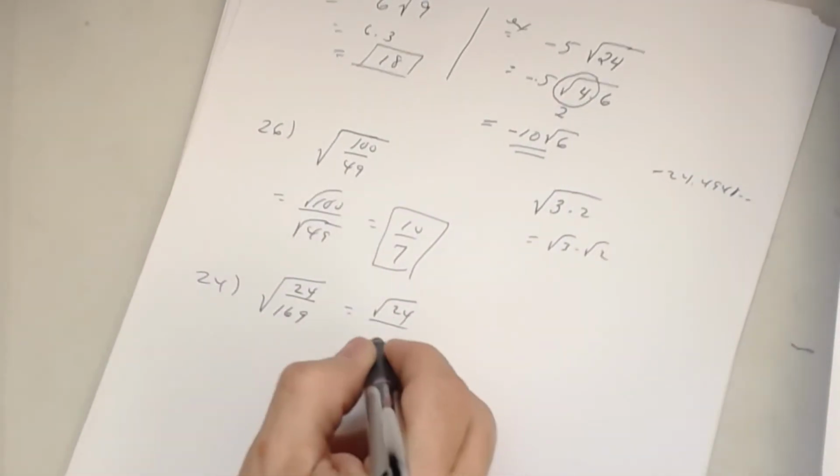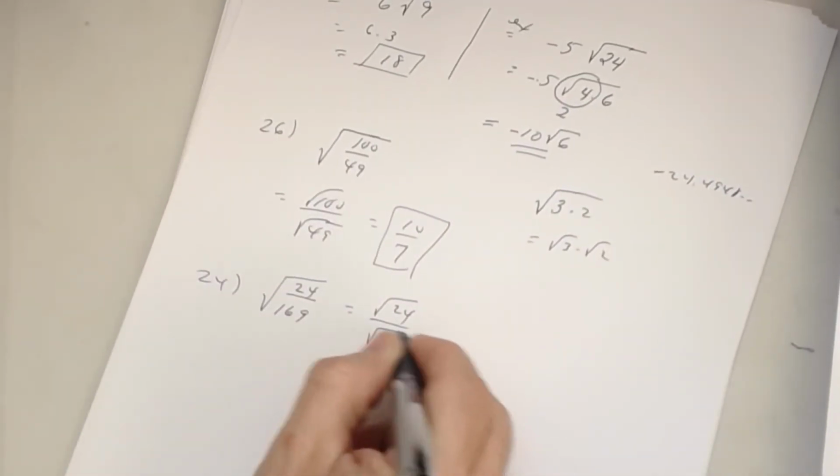Square root of 24 divided by the square root of 169. So you want to rewrite the square root of this fraction as the square root of the numerator divided by the square root of the denominator. In other words, you want to rewrite this as the square root of 24 divided by the square root of 169. And now let's simplify the numerator if we can.